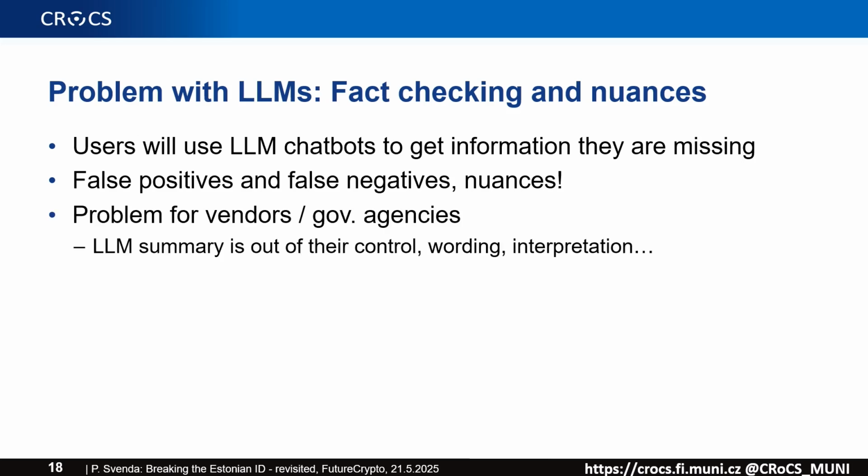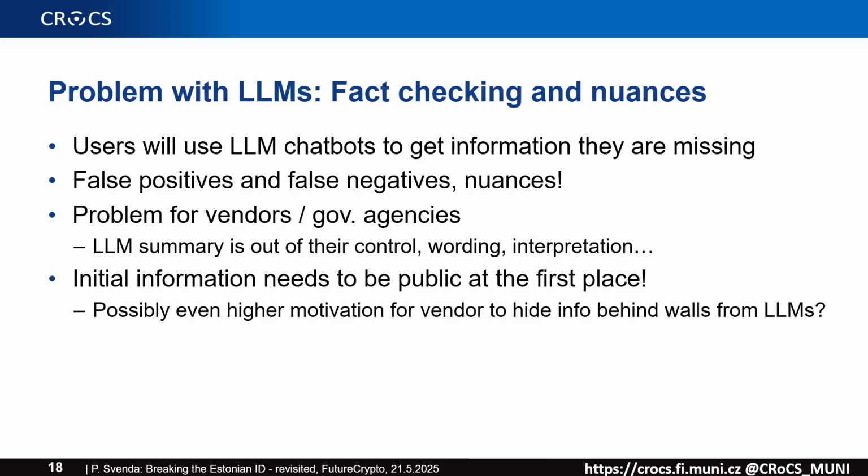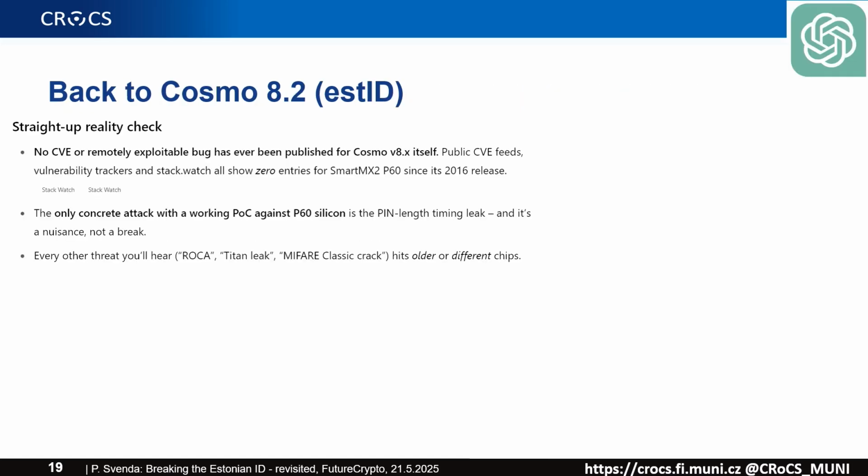And this is a problem not just for end users, but also for vendors, because then the summary is out of their control. They don't know how exactly this is expressed. Also, the initial information needs to be there in the first place. That's also important. So I will skip this slide.